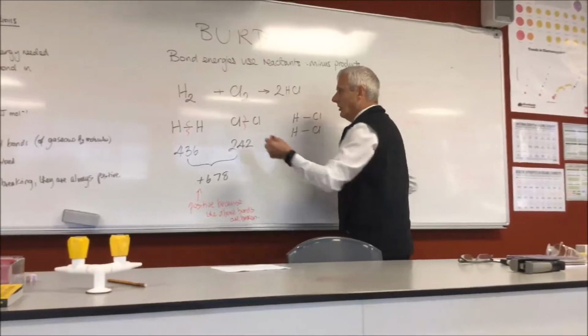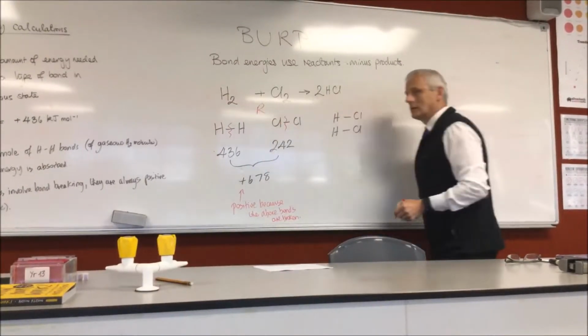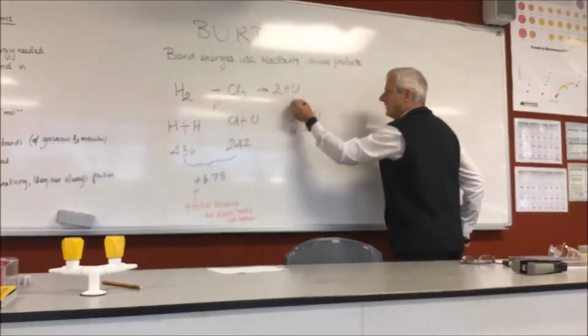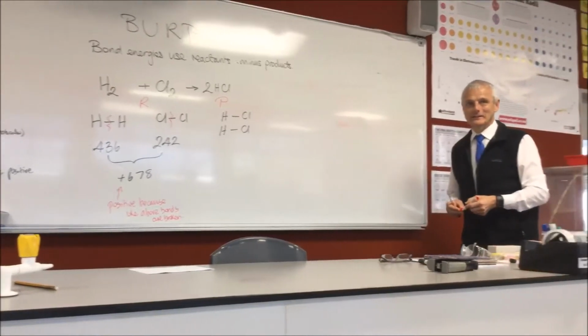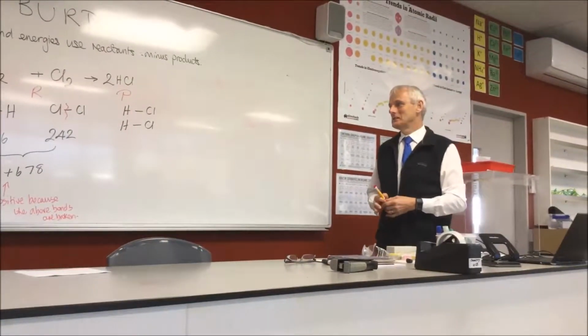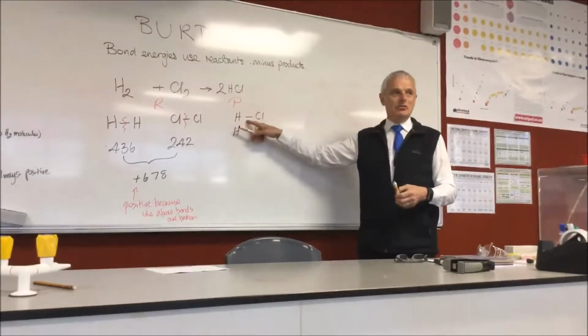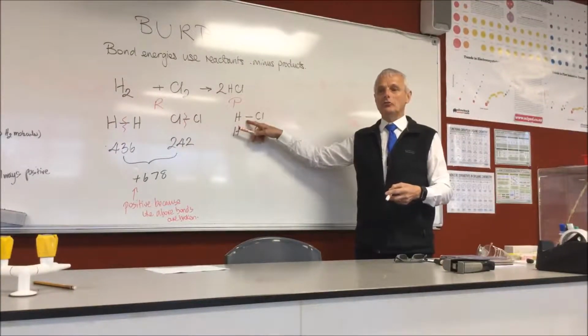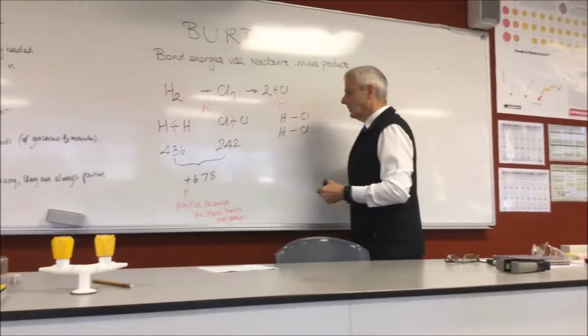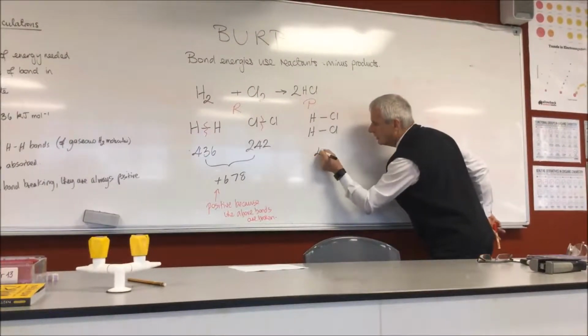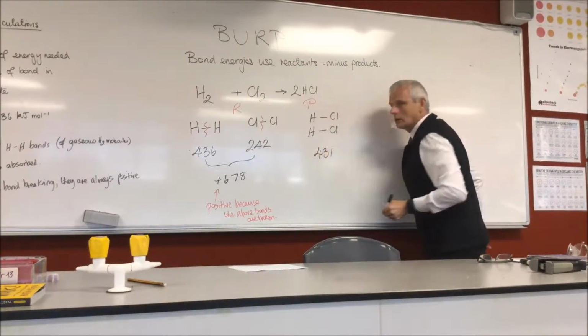So this is the reactants. This is the products. Now, I'm forming 2 HCl bonds. What's the amount of energy needed to break those bonds? Look it up. 431.